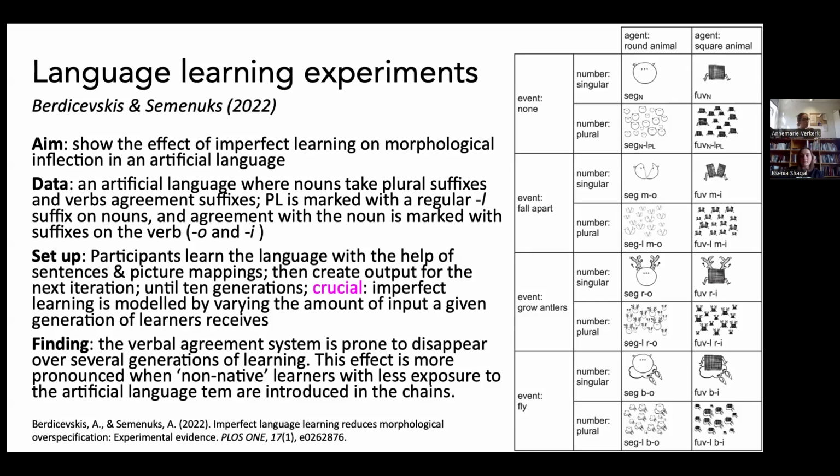What happens if you start out with people that don't have this system learned very well, or you introduce such speakers into the system as you go through iterations, is that the verbal agreement system is prone to disappear over several generations of learning. And this effect is more pronounced when you have these non-native learners with less exposure to the artificial language.